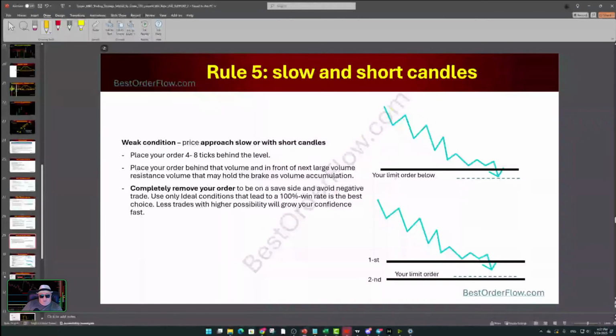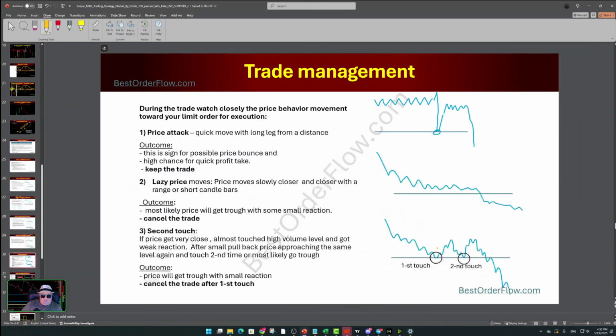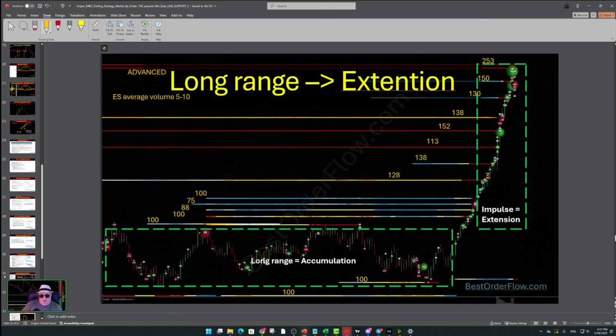I'm not going to stop on this, but look, there's another rule, which I explained. Then there are these two touches rule. I want to go and explain something new. You see this over here, that was probably exactly the same chart. The price decided to go after the range. You see this range? Long horizontal sideways, and boom, the price just goes.